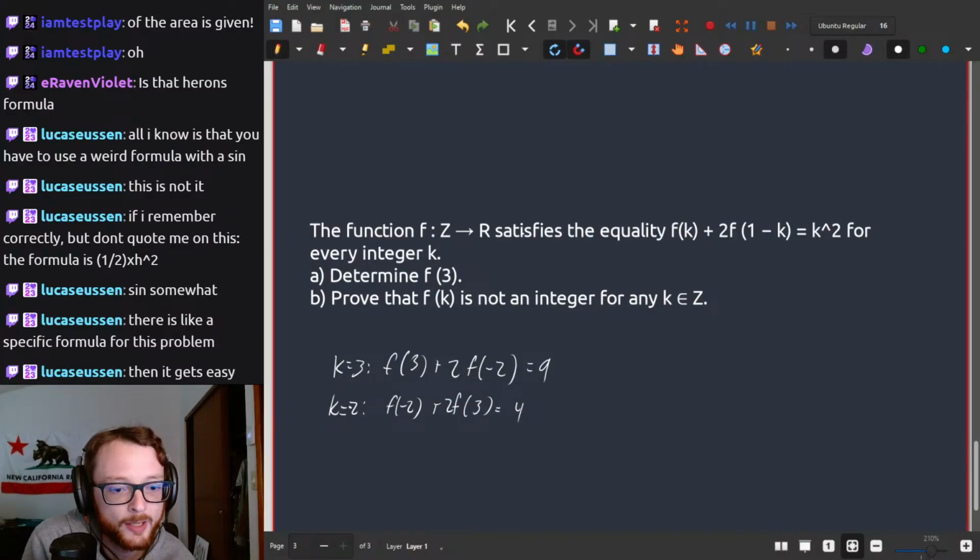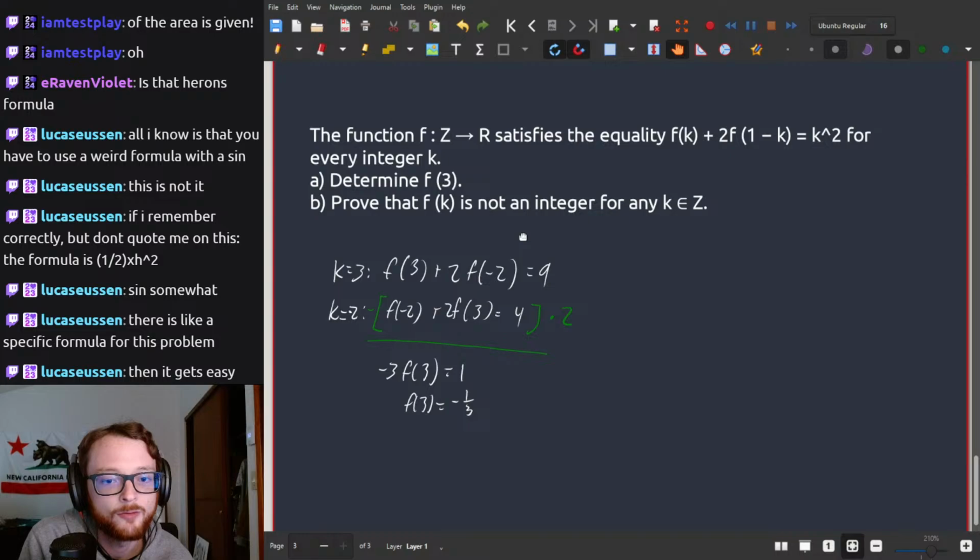I guess I need to multiply... Okay. Take that, multiply it by 2, and subtract. That's what I'm doing. So we get minus 3 f of 3 equals 1. So negative a third.